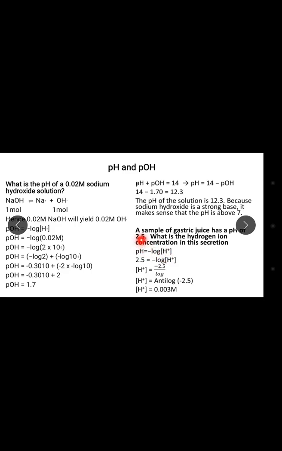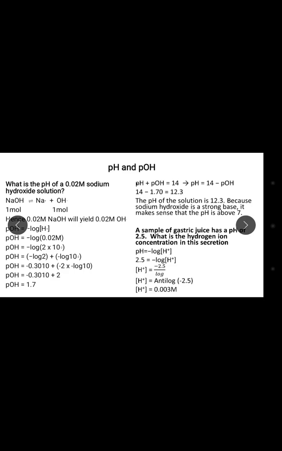So we have been given the pH to be 2.5, so if you substitute this, 2.5 equals minus log 10 hydrogen ion. Now just mathematics, just divide both sides by minus log. If you divide this by minus log, you'll be left with the hydrogen ion concentration.